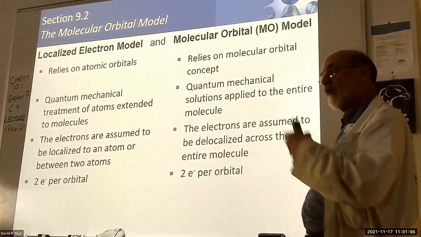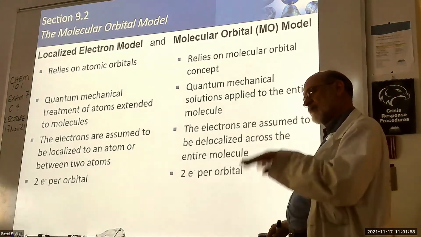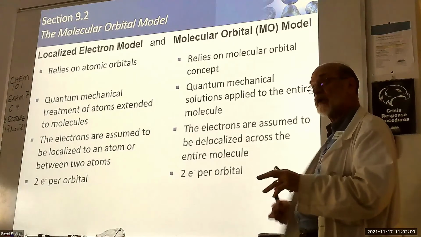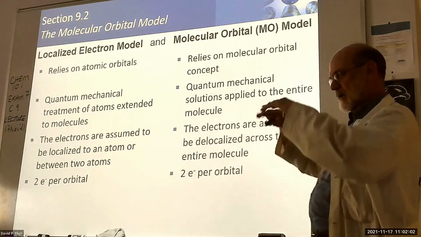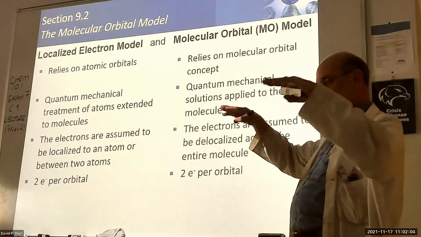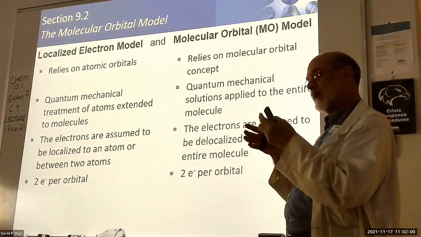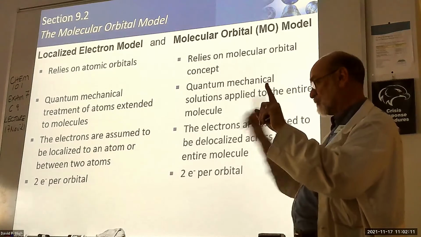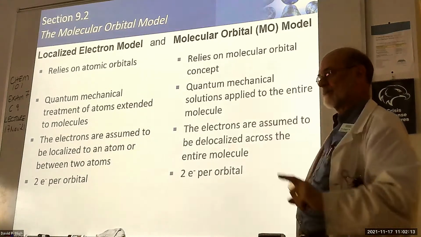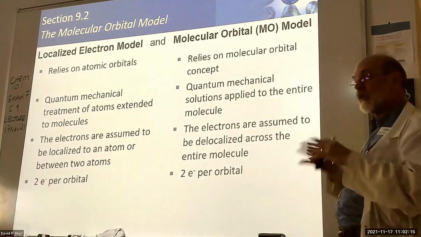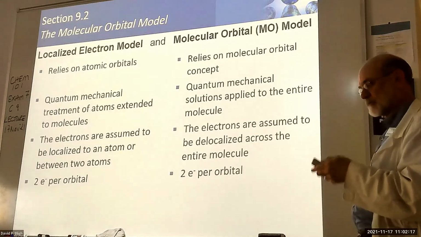We still use the Aufbau principle, low energy first and move on up. We also use Hund's rule. So if you have 2 or more degenerate orbitals and several electrons that go in there, they go in spin up, spin up, spin up before you go back and pair them. So those rules still apply to the molecular orbitals.